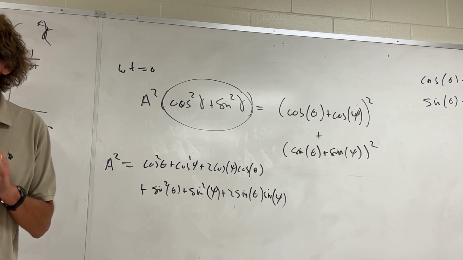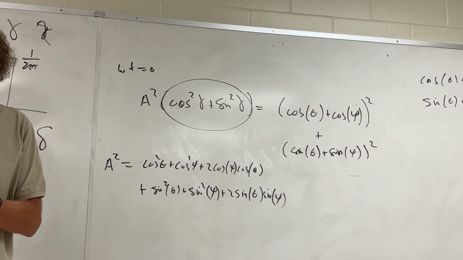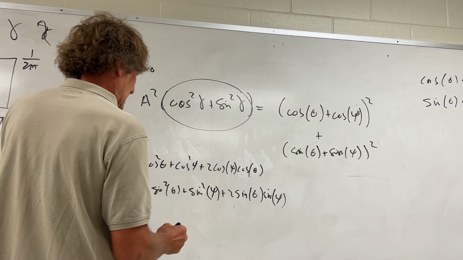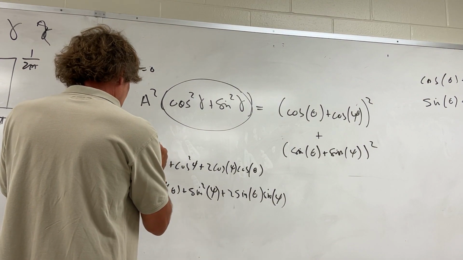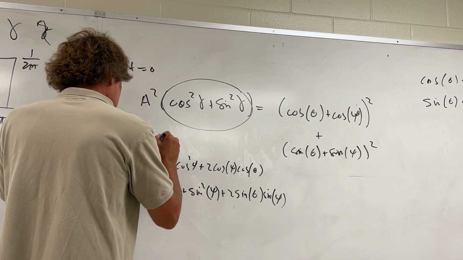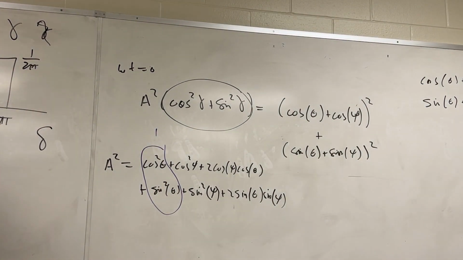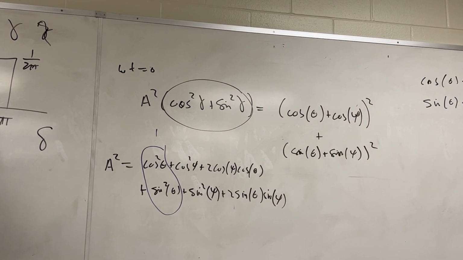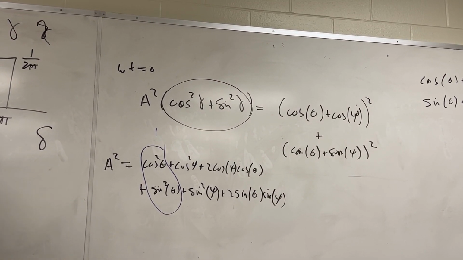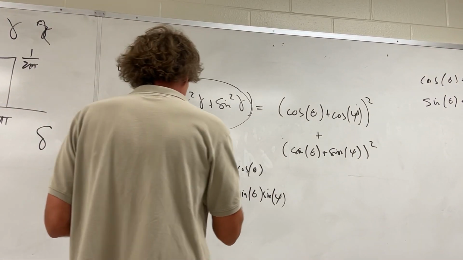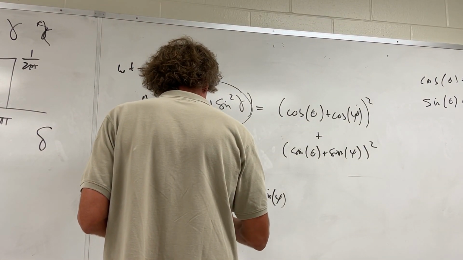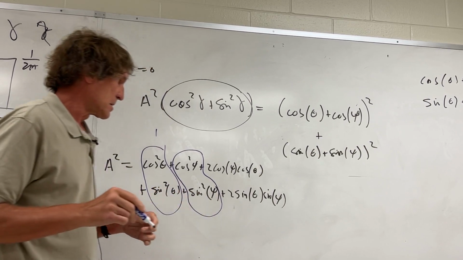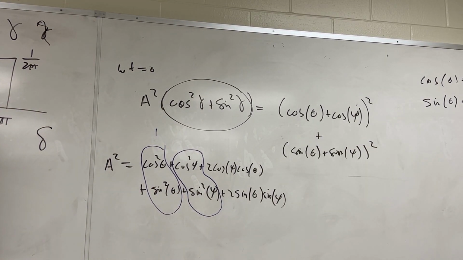The only thing I'm going to do now is circle things that when added together equal 1 by definition. So I know that this is going to be 1, cosine squared plus sine squared of theta, right? Agreed, class? The next one that's going to be 1 is right here. You all agree with that?